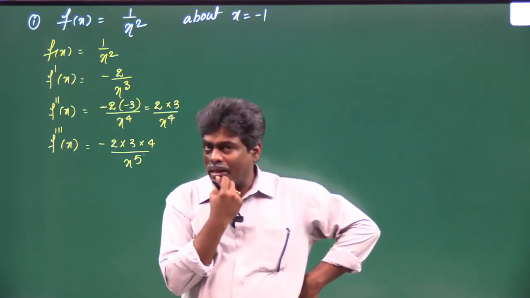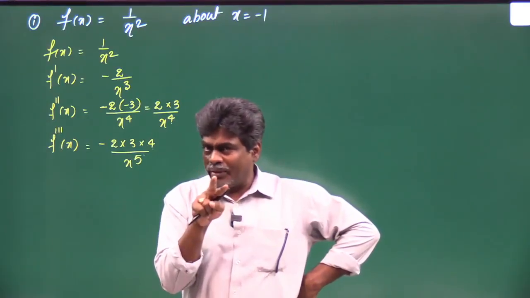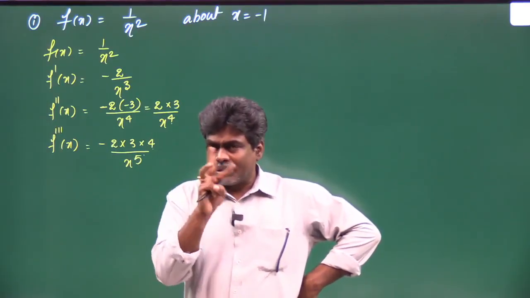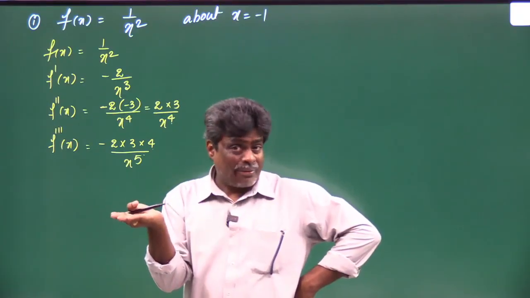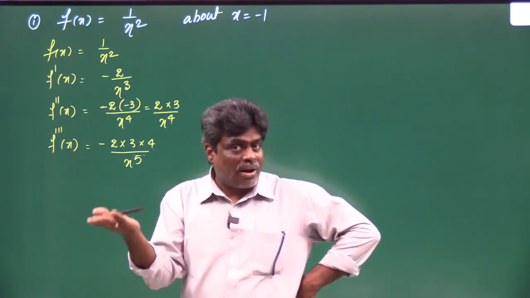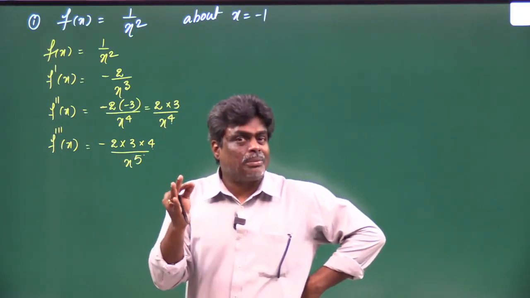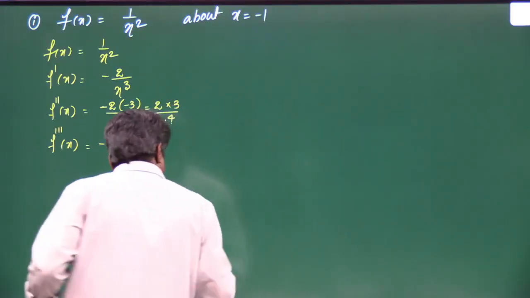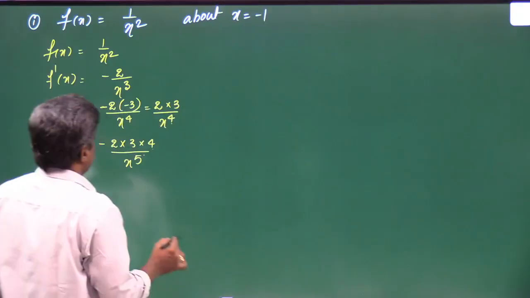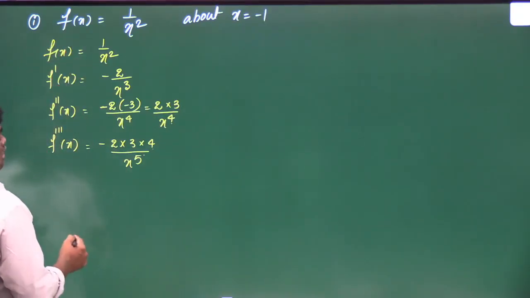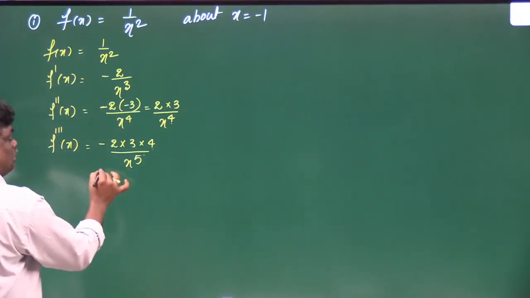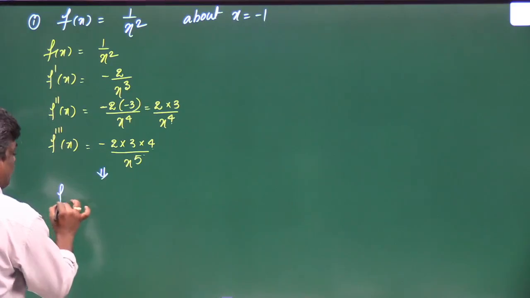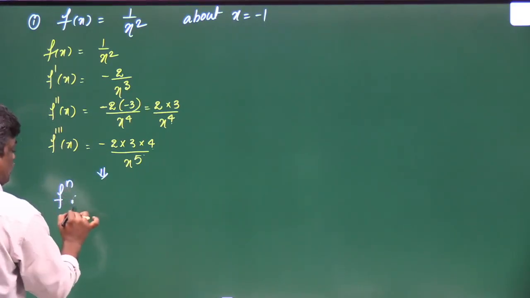So what will be the nth derivative? Second derivative x power 4, third derivative x power 5. So the nth derivative is x power n plus 2. Here what we are doing is, after doing some differentiations, we are trying to write the nth derivative directly.